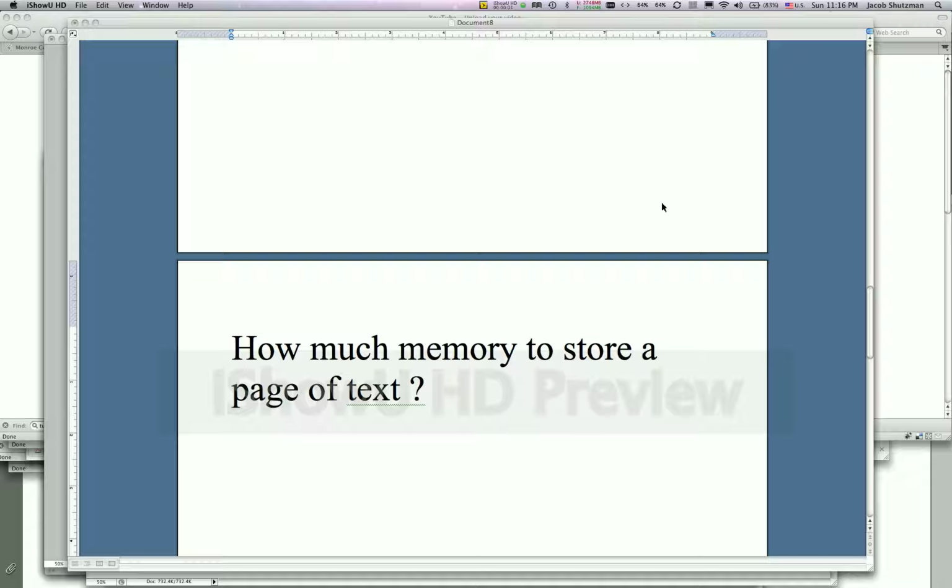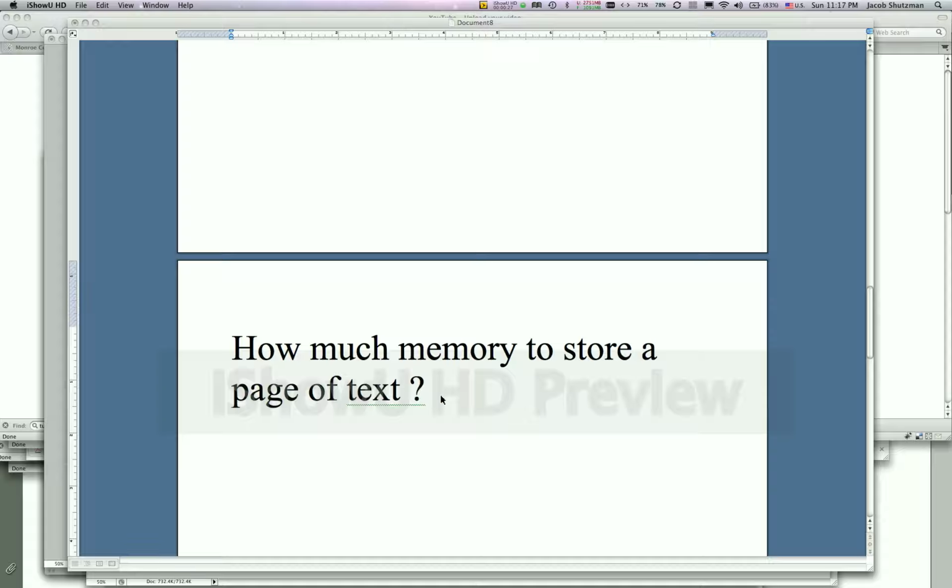Okay, this is the third portion of lesson 4 in which we are talking about storage and memory. So let me ask you a question. How much memory is needed to store a page of text? We said that 1 byte can store 1 character.